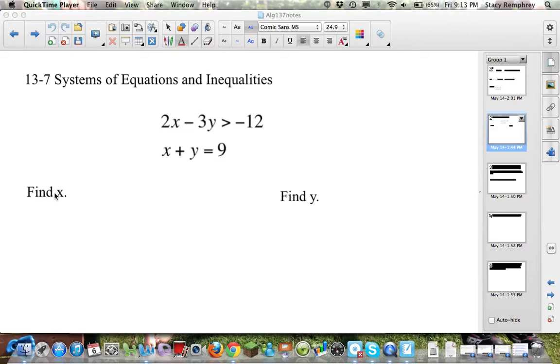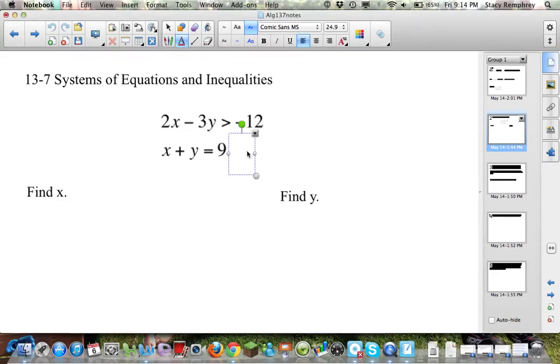In the first one, I'm asking for x. So since I'm asking for x, I'm going to take the equation. You're always taking the equation, and I'm going to solve that for y. Then I'm going to come over here, and I'm going to take the inequality. So my 2x is coming from up here, minus 3, and in for y, I'm going to put 9 minus x.